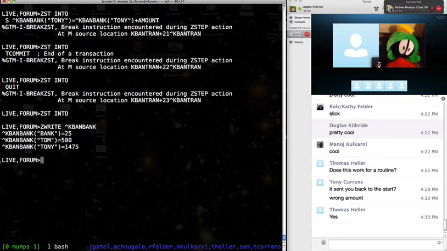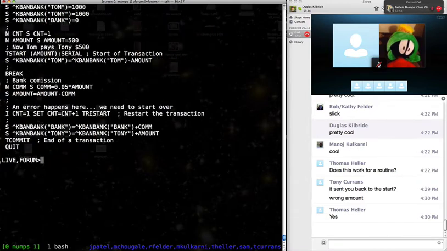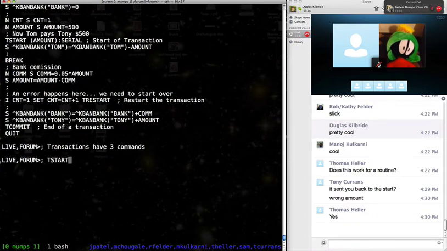Okay, so let's try to sort of summarize the commands that we need to know. So let's take a look at the whole routine again, so that we can understand the commands that we need to know for knowing how transactions work. So transactions have 3 commands. TSTART, TCOMMIT.